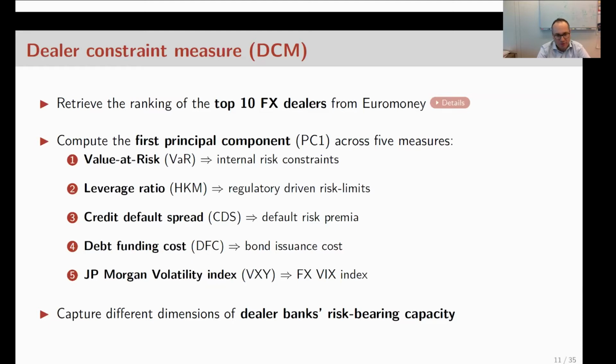And then what we do is we weight these measures together based on the market shares that these dealers have in global FX trading. And then we add another component to it, which is simply a version of the VIX for the currency market, coming from JP Morgan. So this is the fifth ingredient into our constraint measure.